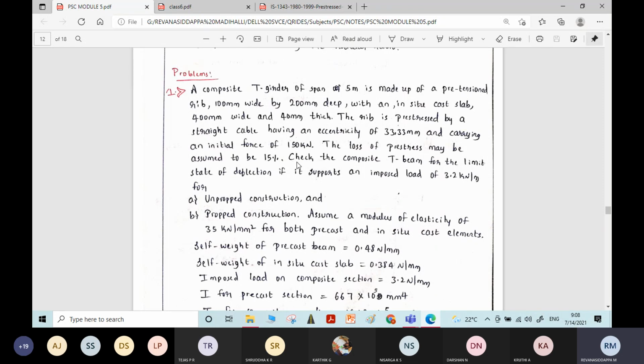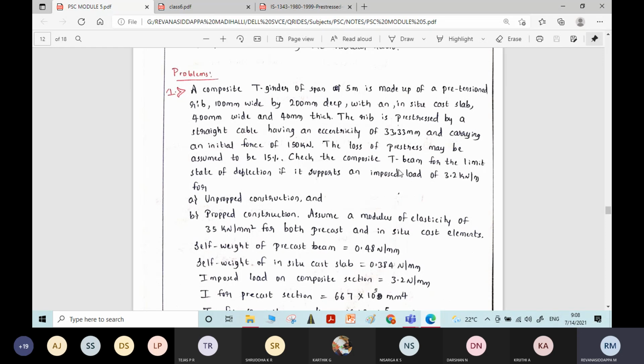Then it is asked to check the composite T-beam for the limit state of deflection if it supports an imposed load of 3.2 kN per meter. This means we have to find the actual deflection of the T-beam for the given loading condition. That deflection should be compared with the limit state deflection.